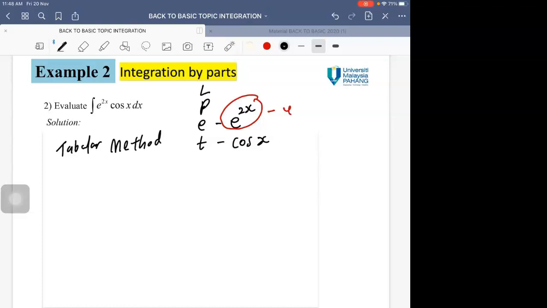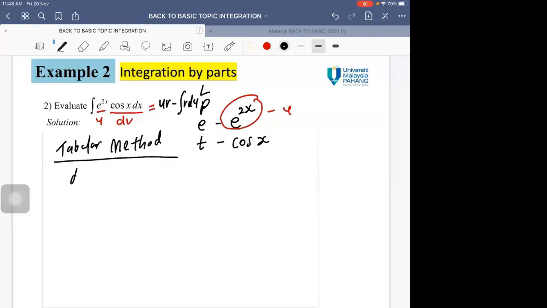This is your u, and everything here should be your v. We use the tabular method in order to facilitate integration by parts.